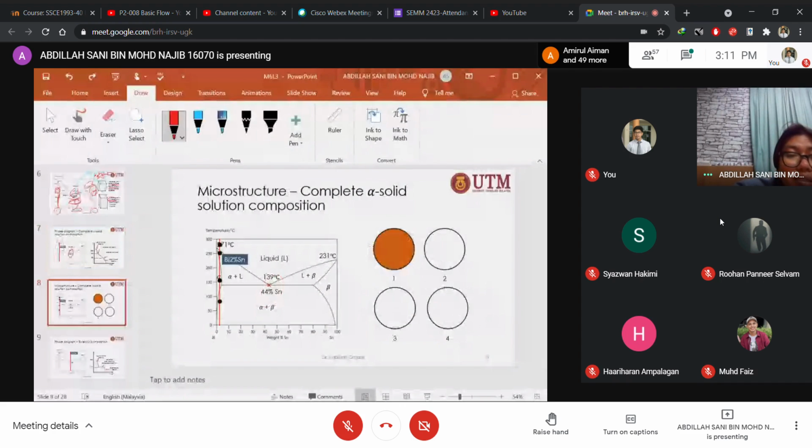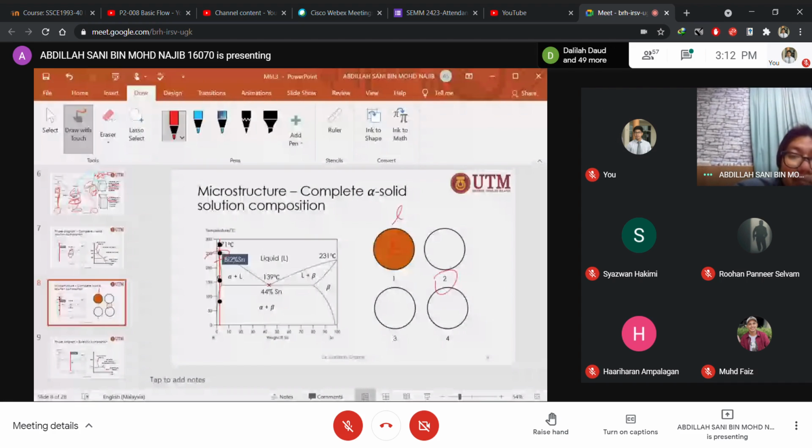Then at point number two, referring to this number two with this number two, at first it is liquid, and then at this one we have liquid plus alpha. So we already have some alpha.